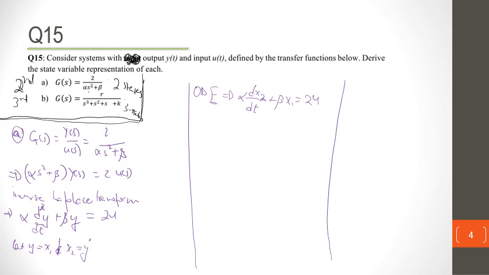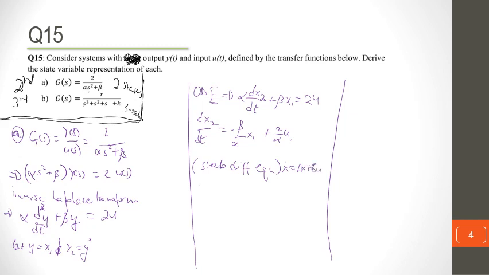So now, if this is the case, then I can make dx2 the subject of the formula, and I get minus beta over alpha x1 plus 2 over alpha u. Now we are ready to write the state equation. State differential equation, which is x dot is equal to Ax plus Bu.